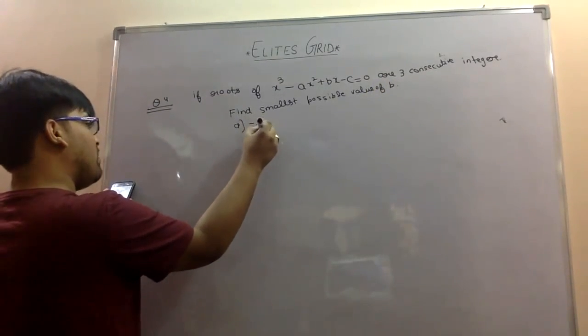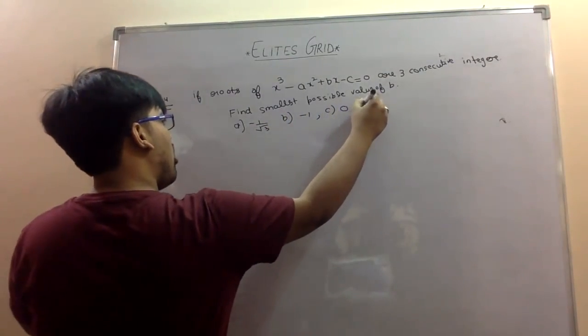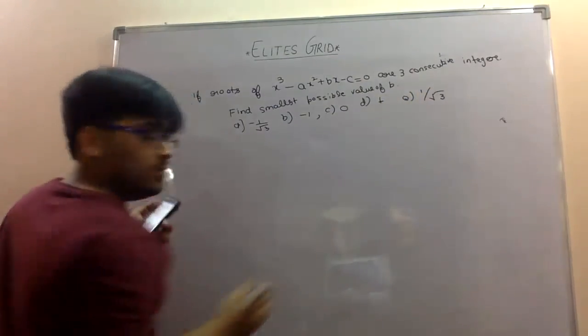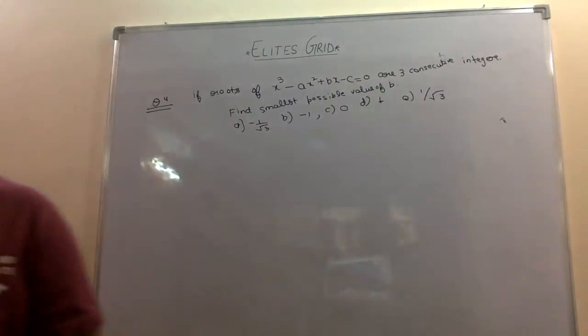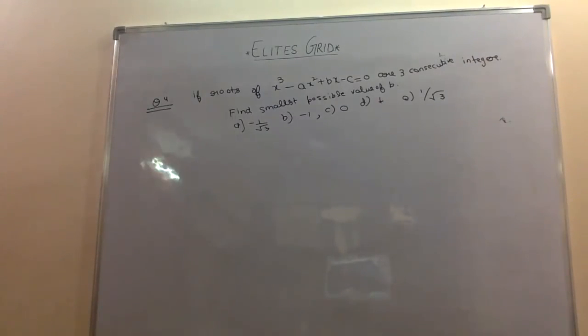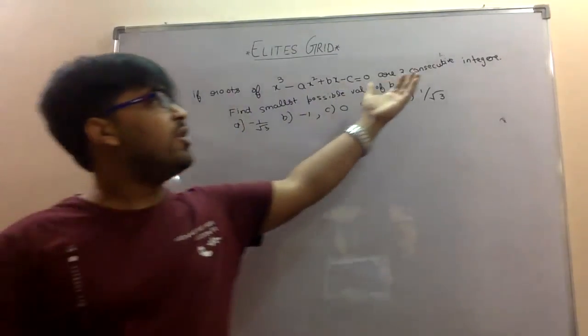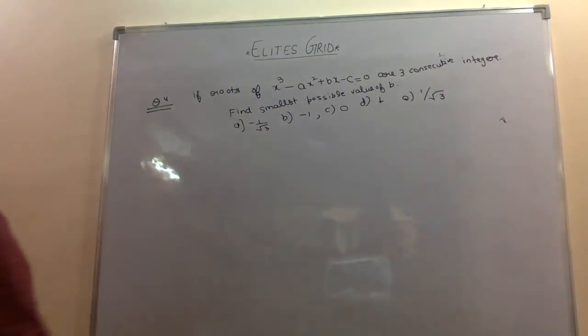Options are: A, minus 1 by root 3. Option B is minus 1. Option C is 0. Option D is 1 and option E is 1 by root 3. Try this question. If roots of this particular equation are 3 consecutive integers, find the smallest possible value of b. b की smallest possible value find करनी है.